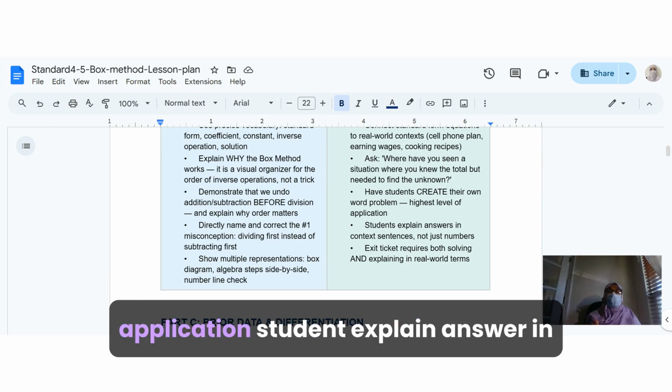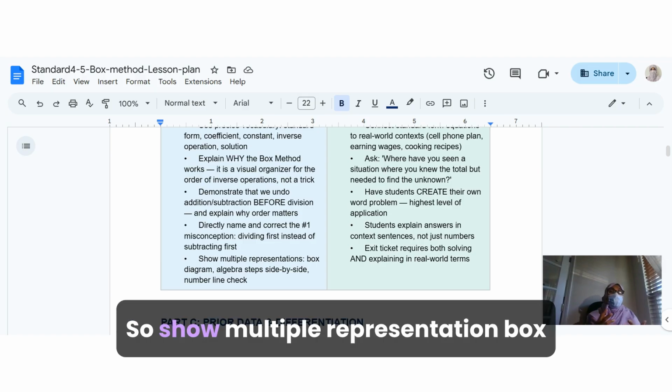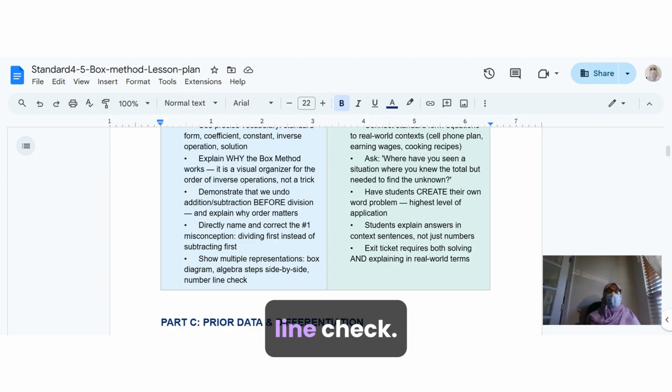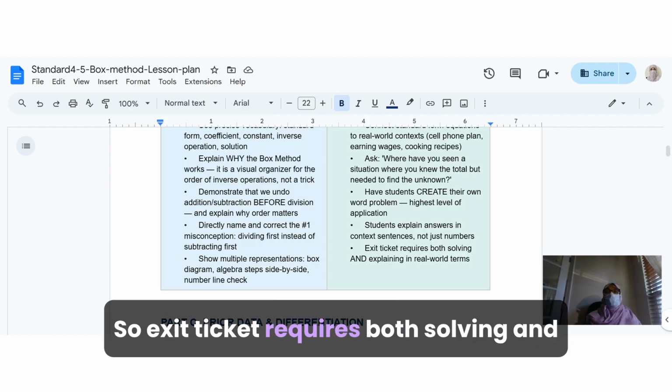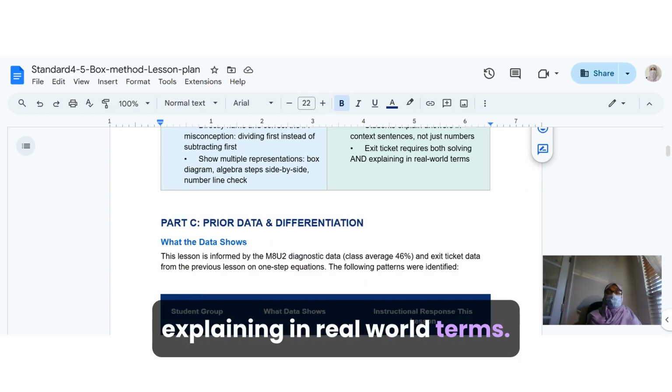Misconception like dividing first instead of subtracting. Then in application, students explain the answer in a context sentence, not just numbers. So show multiple representations: box diagram, algebra step by step, number line check. So the exit ticket requires both solving and explaining in real world terms.